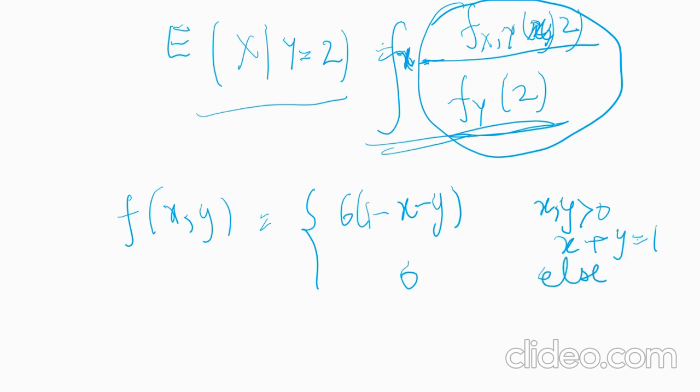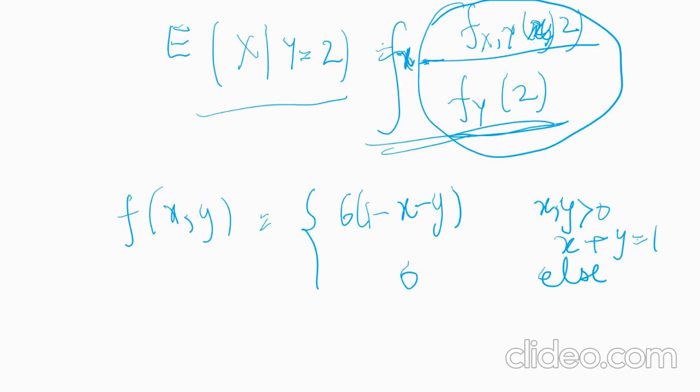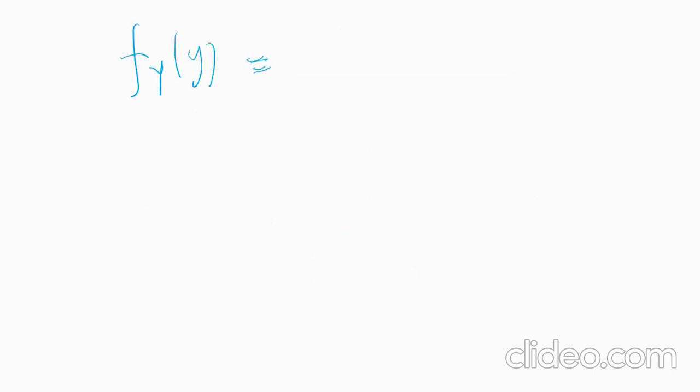So now we can find f of y. We need the marginal distribution. To find the marginal distribution, we use the limit of x, and then fxy, integrated over dx.